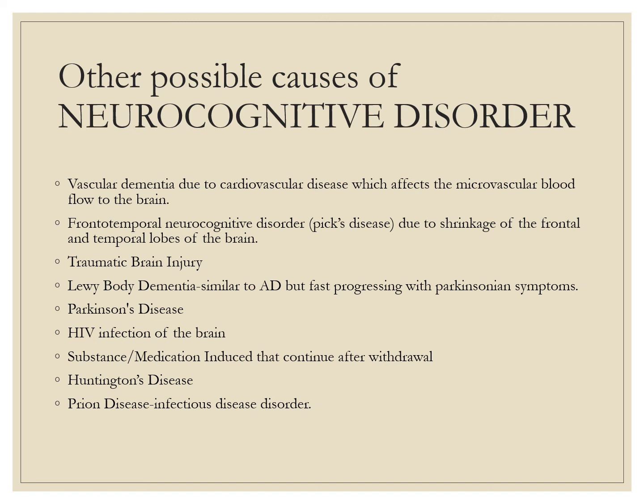This is due to damage to the brain by the substances, and once they have withdrawn from the substances, you still have that neurocognitive disorder there. Huntington's disease, which is another genetic disorder, and then prion disease. So this is an infectious disease caused by a prion. Mad cow disease is one of these.